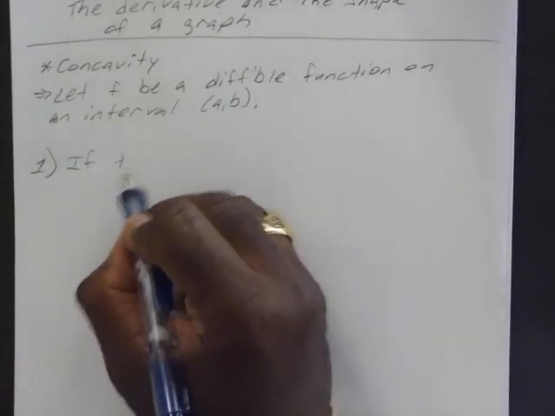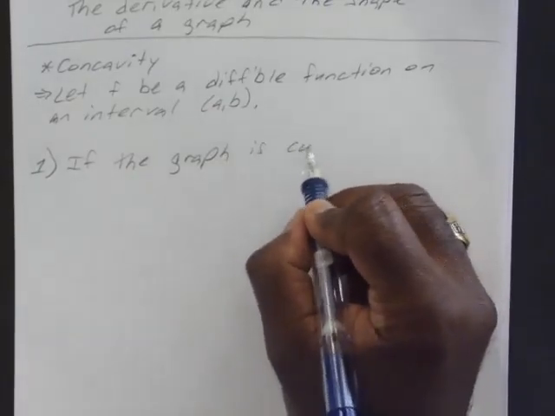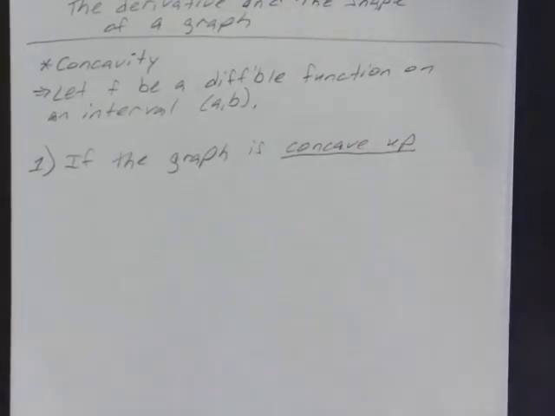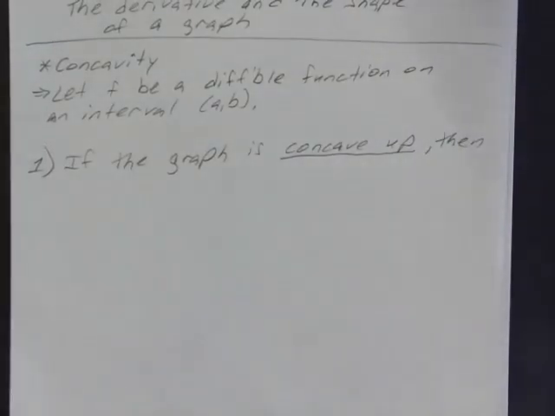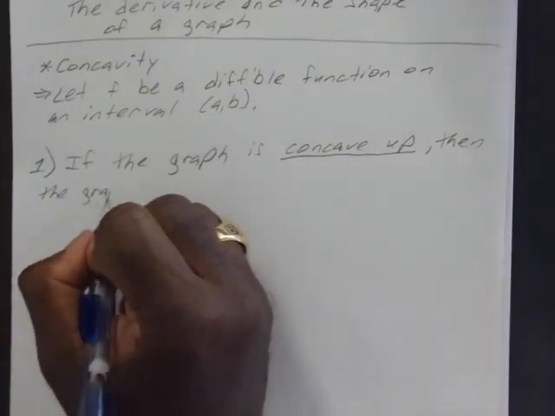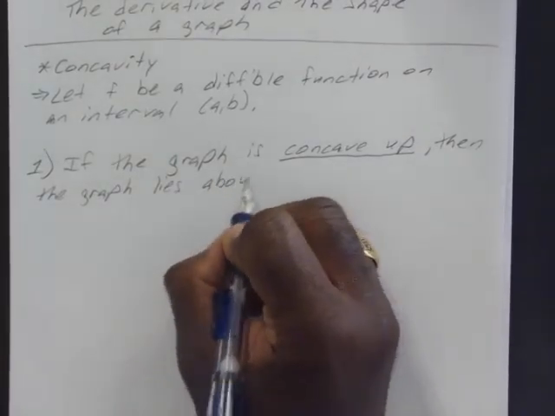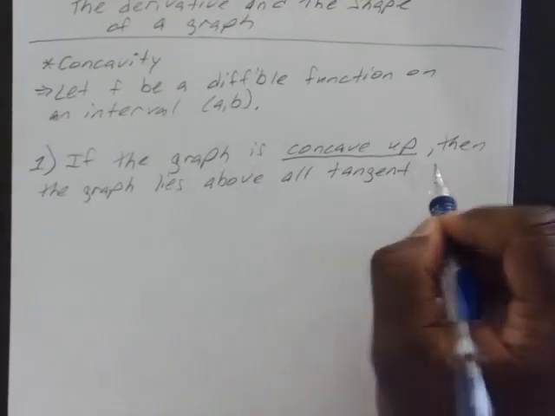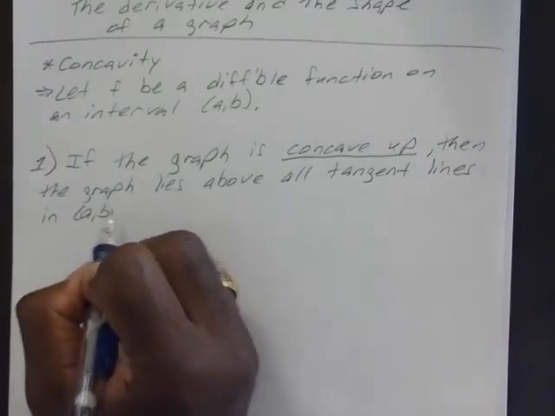We know that if the graph is concave up, then the graph lies above all of its tangent lines in that specific interval.